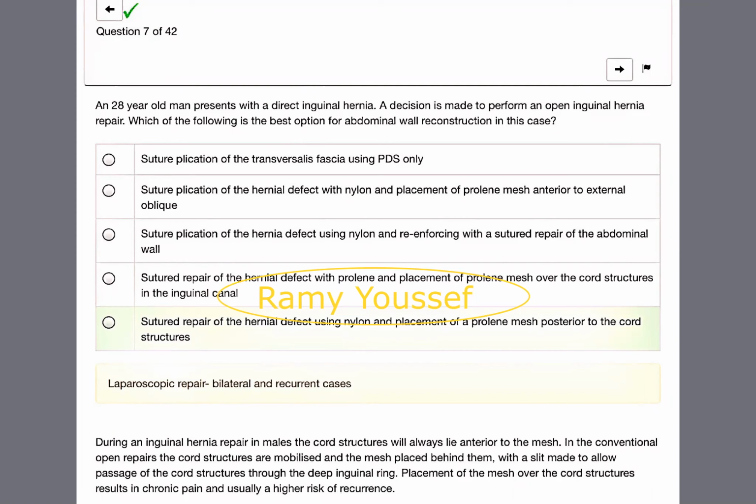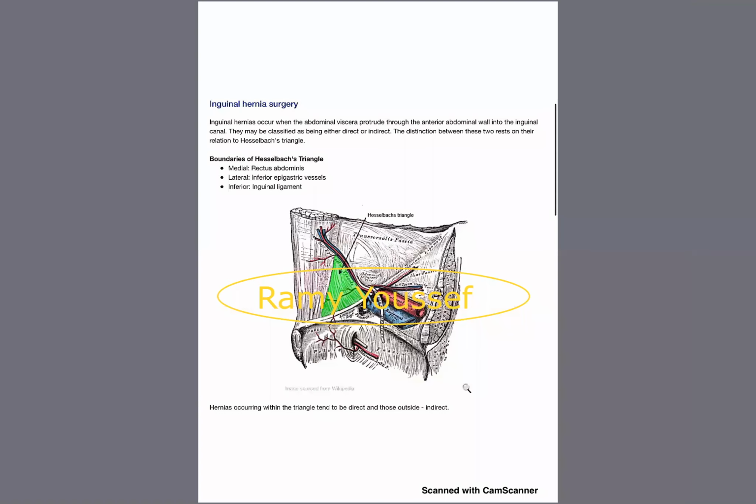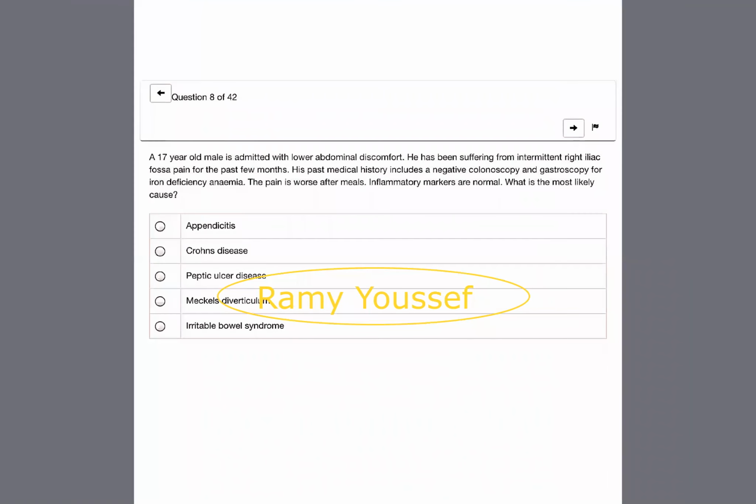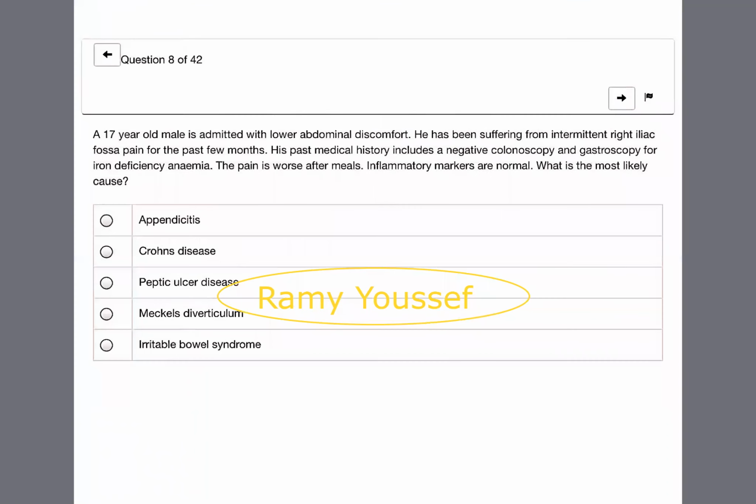The other option is mesh over the cord structures, under the external oblique, and this is also wrong. We just put it posterior to the cord on the posterior abdominal wall, just on the fascia transversalis, and we suture it between the conjoint tendon and the reflected part of the inguinal ligament. Clear? Yes. Okay, I know it's difficult for surgeons, but just know it, we just put the mesh just behind the cord. Okay?